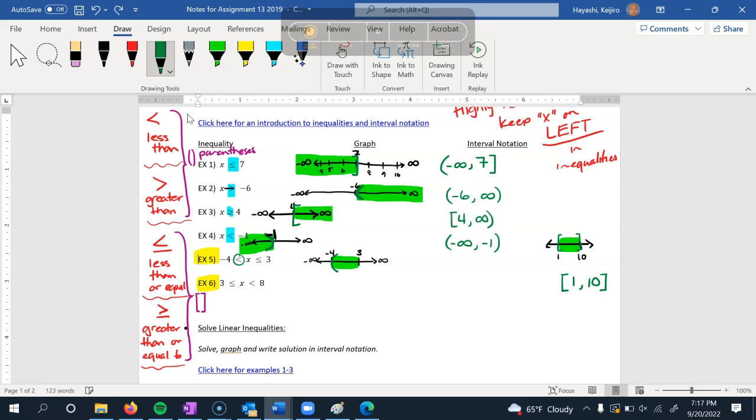What about the 3? Is that going to have a bracket or parentheses? It's going to have a bracket because it's allowed to be equal to 3. And there it is. The interval is going to be -4 with the parentheses up to 3 with a bracket. Any number in that range is going to be a number that satisfies this compound inequality.